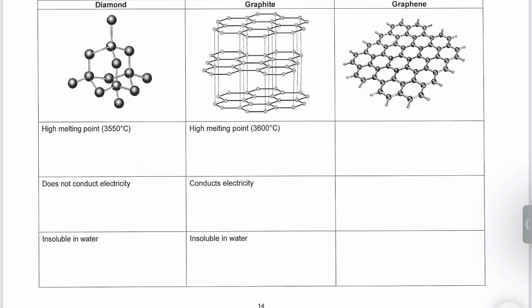Well, our structure is macromolecular. Our bonding is covalent and our forces are many strong covalent bonds. And what are they between here? Here they're between atoms.